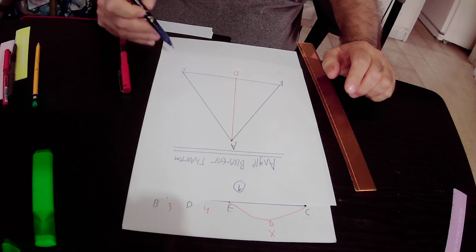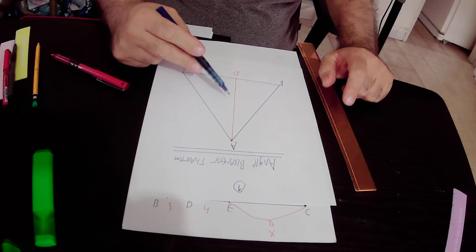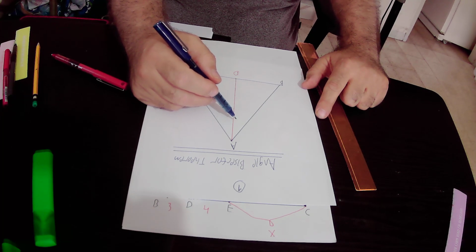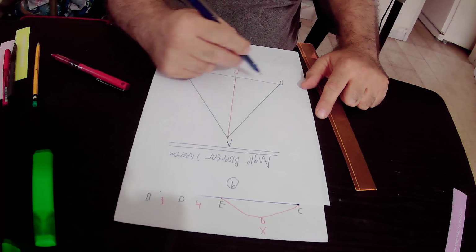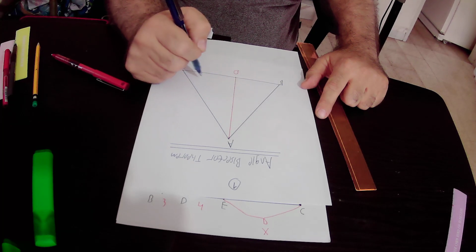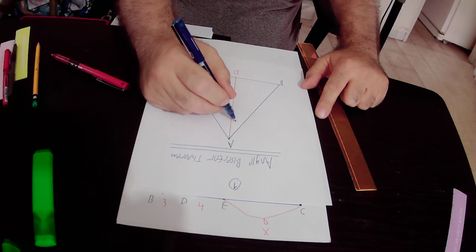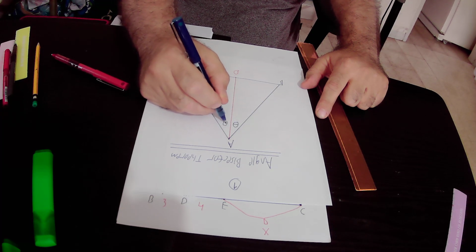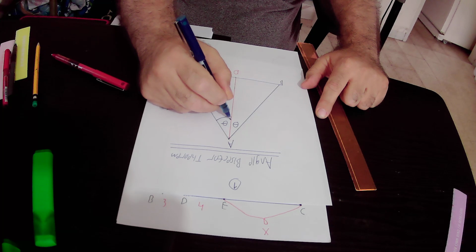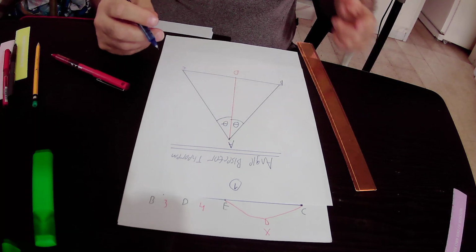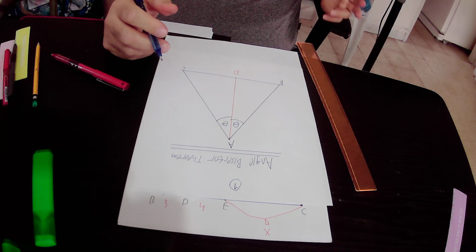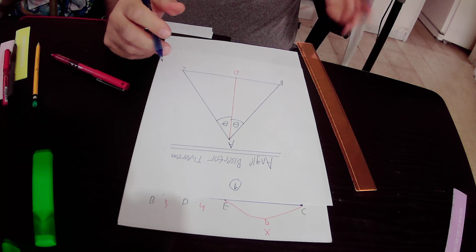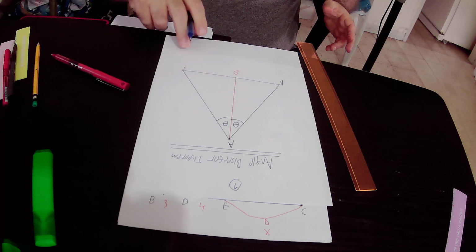Actually, in triangle ABC, AD is angle bisector because it bisects angle BAC into two equal parts. If this angle is theta, then this angle will also equal theta. So angle bisector AD divides angle BAC into two equal parts, theta and theta.